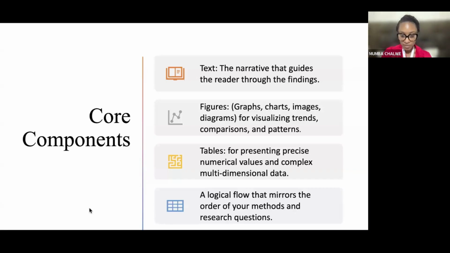So it's simple enough, but at the same time, its simplicity doesn't diminish its importance and its complexity, if I can put it that way. It's a complex section, very simple to understand, but it can really make or break your entire paper.